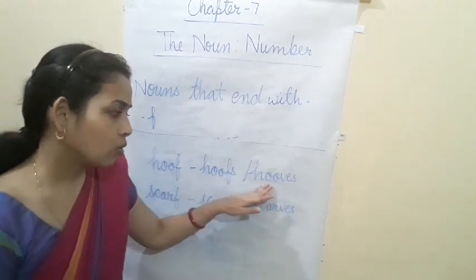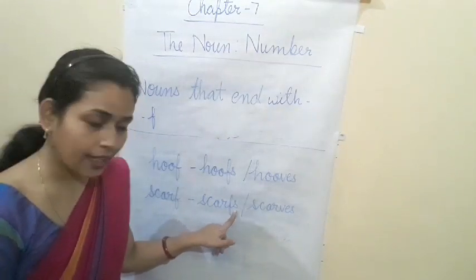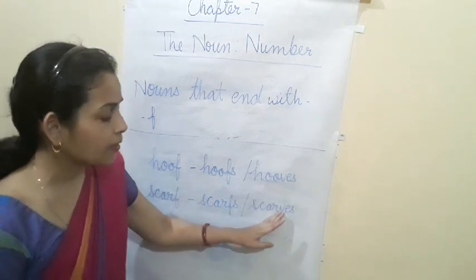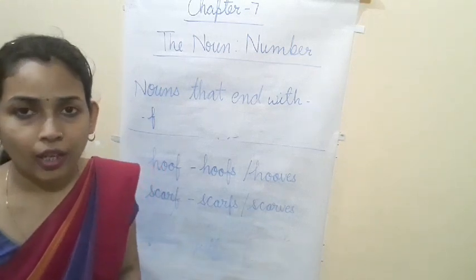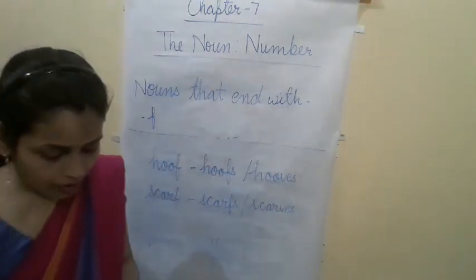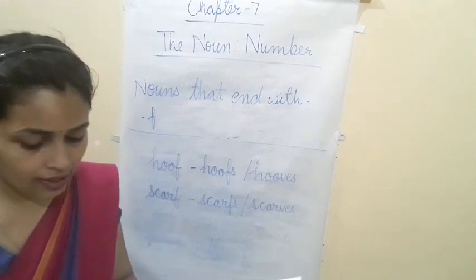Hoofs, hooves. Scarfs, scarves. I have added only s in the first, and in the second I just dropped f and added ves. So there are two ways we can make the plural of these nouns. Here are some examples on page number 29: dwarfs, dwarves.